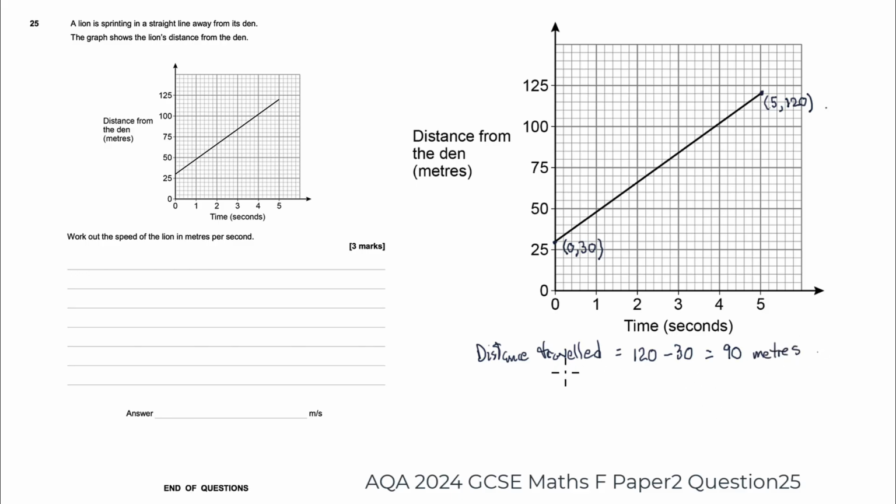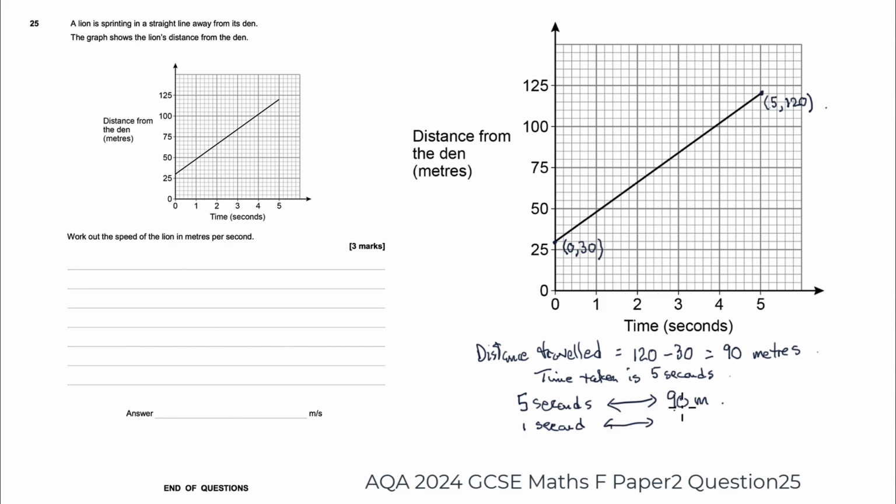And how long did it take? 5 seconds. So time taken, 5 seconds. So let's just write this down. 5 seconds, it's travelled 90 metres. So in 1 second, it would have travelled a fifth of that distance.